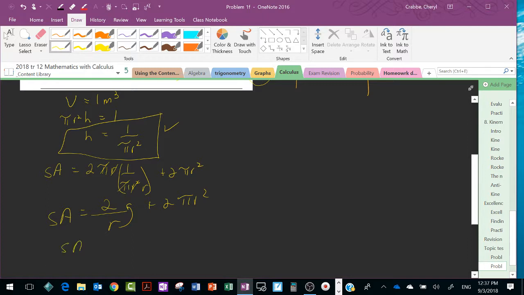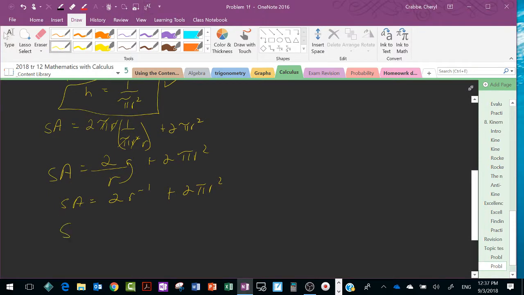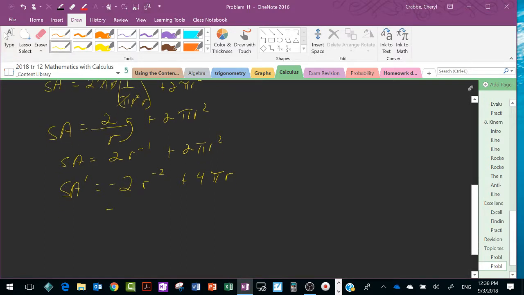So I'm going to do an extra step, which is to bring this r back up and make it r to the negative 1 with our rules of exponents, plus 2 pi r squared. Now I'm going to differentiate. When I differentiate this, I get negative 2 r to the negative 2 plus 4 pi r. Now make that equal 0.